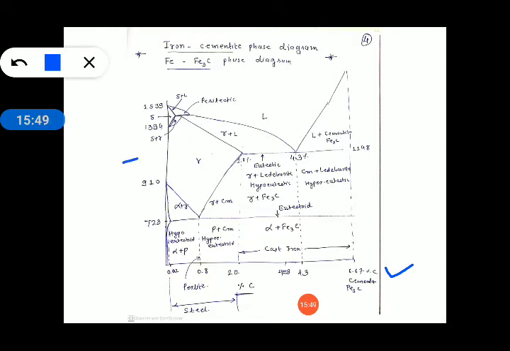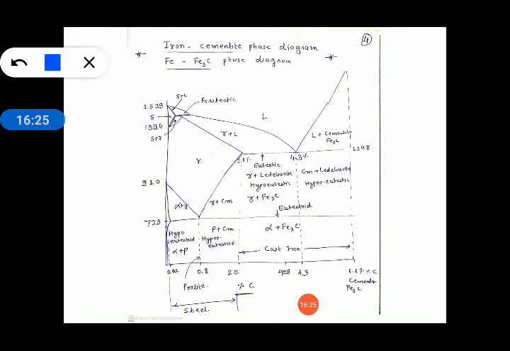On this vertical line is pure iron, meaning 0% carbon. If you go to the right-hand side, the weight percentage of carbon increases: 0.02%, 0.8%, 2%, 4.3%, and ultimately 6.67%. In the iron carbon diagram, the carbon percentage only reaches up to 6.67%.